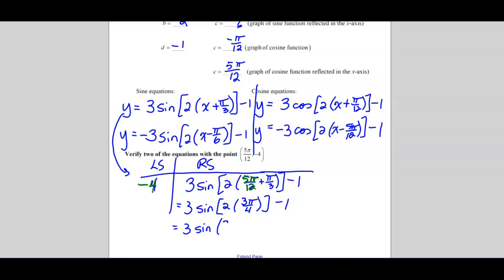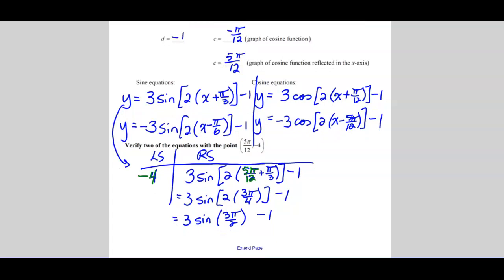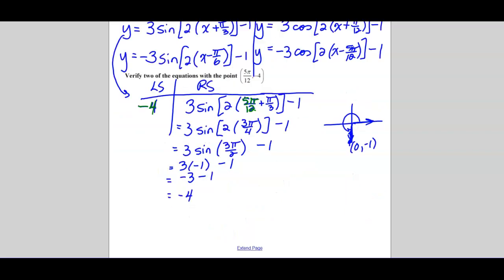Which simplifies to 3 pi over 2. Three pi over 2 is down here on my unit circle, where the coordinates are 0, negative 1, so sine is negative 1. So it verifies.